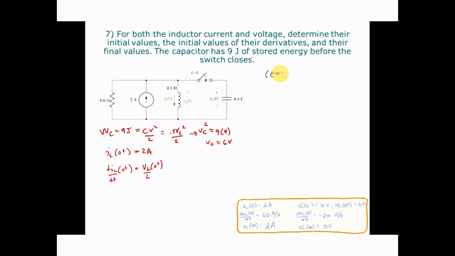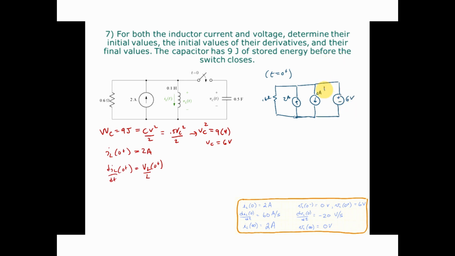This is where I recommend you draw the circuit at t equals 0 plus. You've got a 0.6 ohm resistor, the current source doing its thing at 2 amps, and the inductor is like a current source because it has the same current it had before the switch changed. The capacitor, now switched in, is like a 6 volt voltage source.